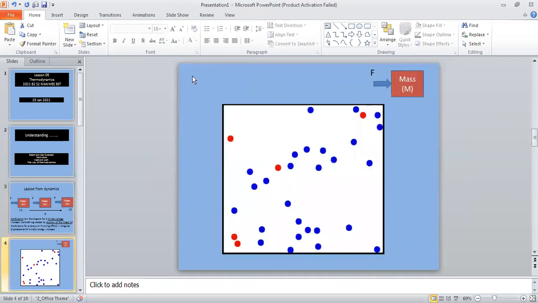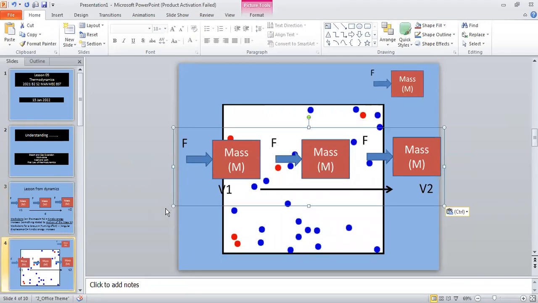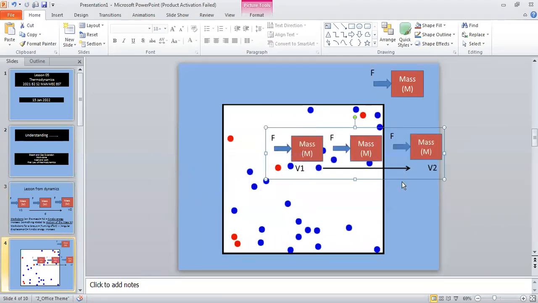So how can you imagine having a similar effect?